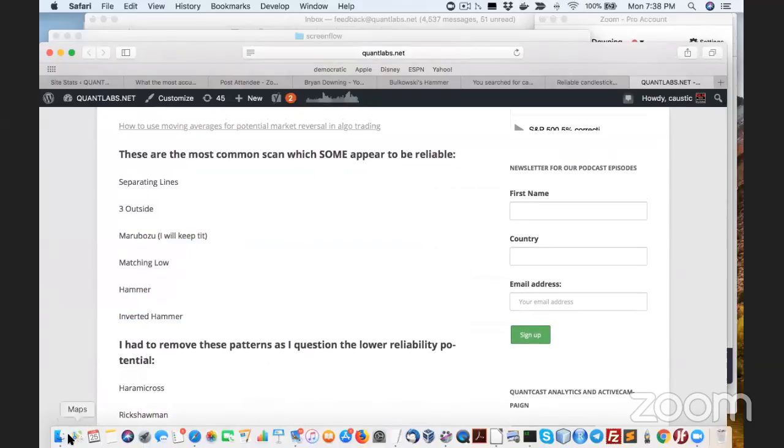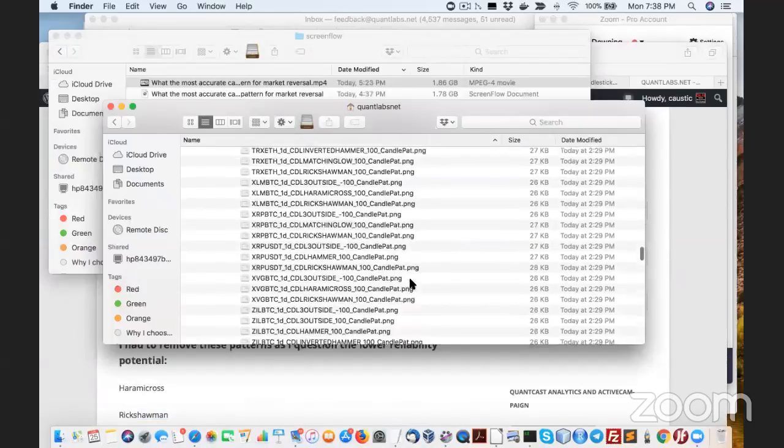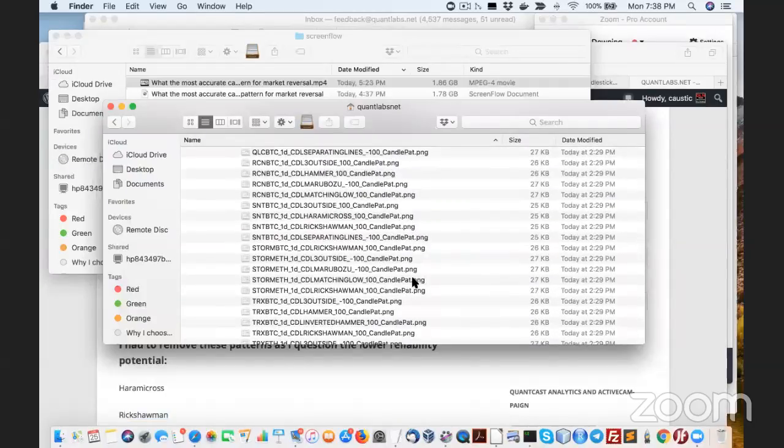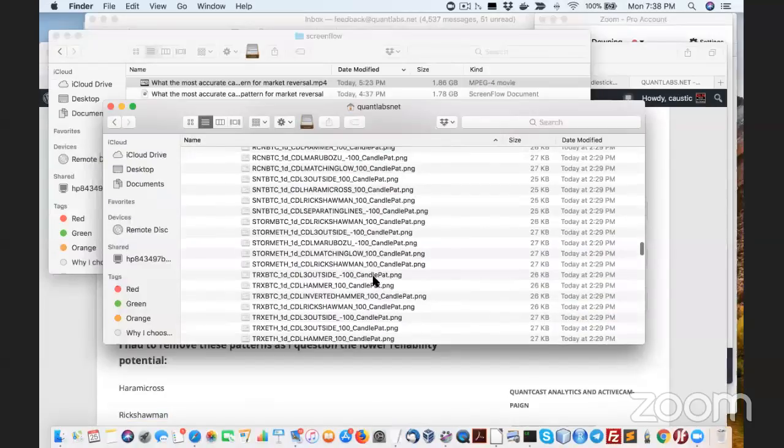So let me show you some examples. This is done earlier today. All of these charts I'm about to show you are based on 30-day analysis. This is purely for testing, to show you which currency pairs have some candlestick pattern and what you can do with them.